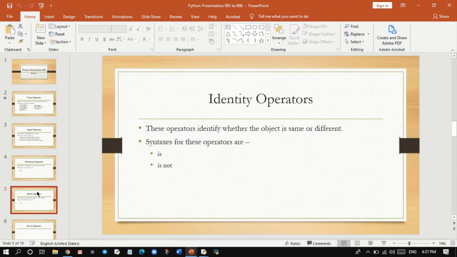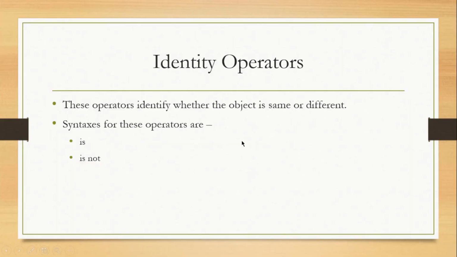Now, identity operators. These operators identify whether the object is the same or different. Syntaxes for these operators are is and is not.